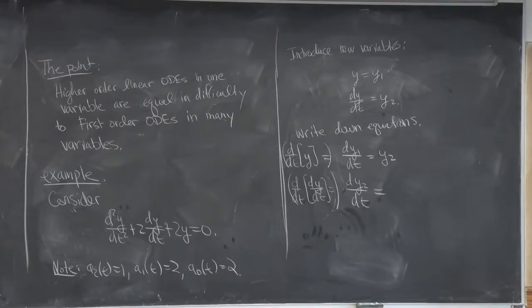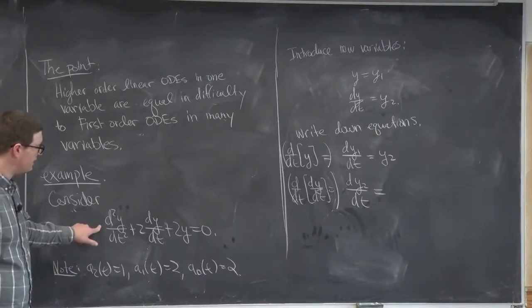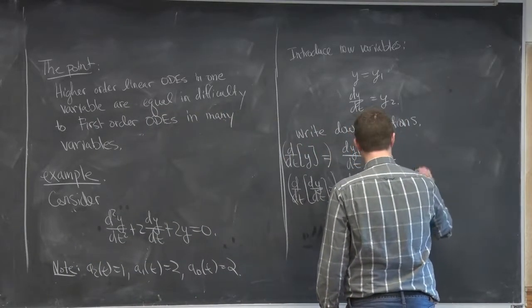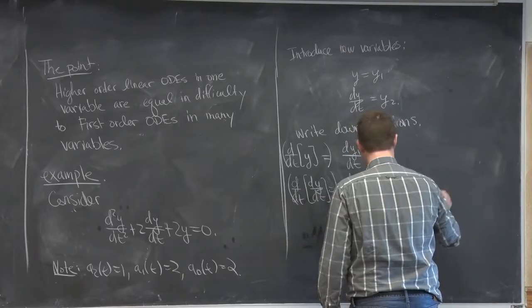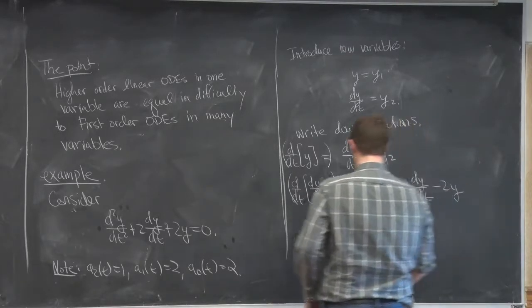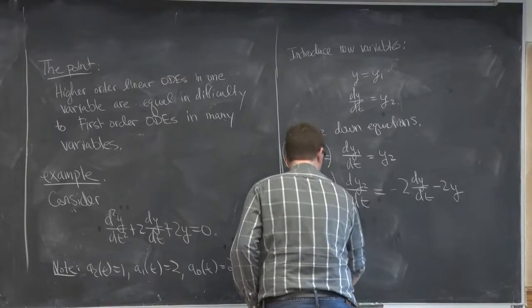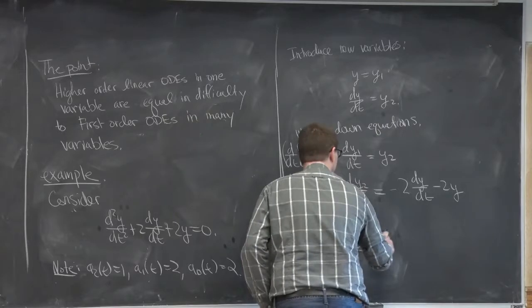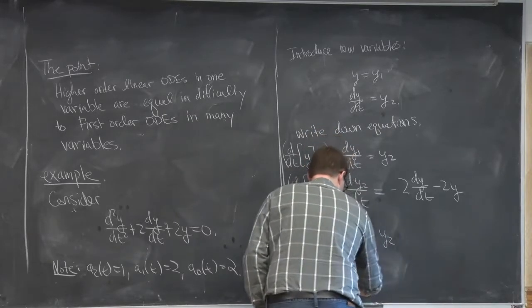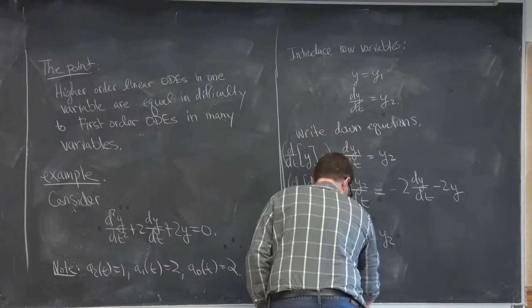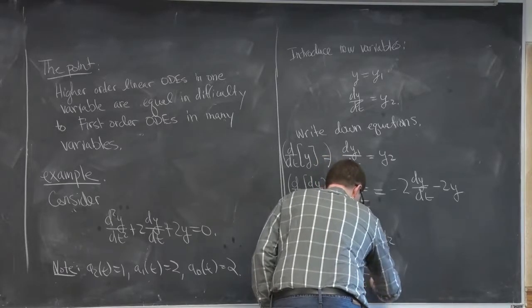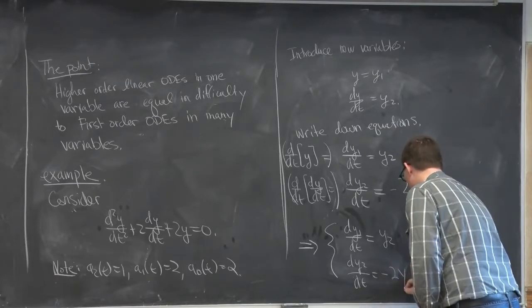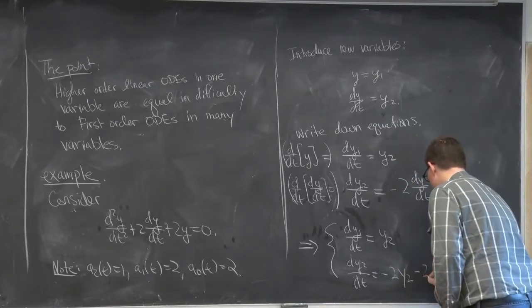Okay, so now what I do is I just bring everything over to the other side, right? So this is minus 2 dy/dt minus 2y. Okay, and so this gives us the system of equations here. dy1/dt is equal to y2, and dy2/dt is equal to minus 2 y2 minus 2 y1.